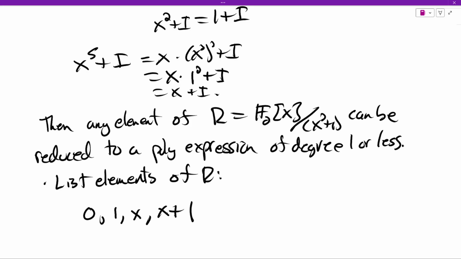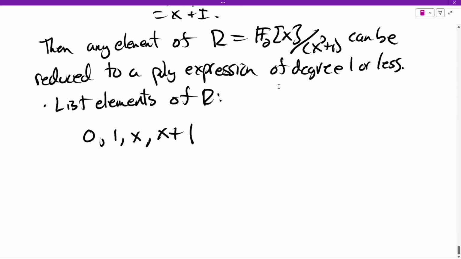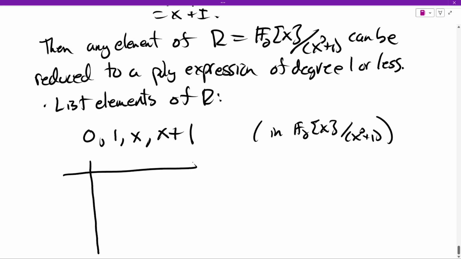And since our coefficients can only be 0 and 1, and everything reduces to something of degree 1 or less, this is all possible combinations, because you have 2 choices for the constant term, and 2 choices for the linear term. 2 times 2 is 4. We've listed all of our 4. Just to be clear how we're viewing these elements, they're in the quotient. So I'm not writing the plus part because it would be a lot of plus x squared plus 1s everywhere.